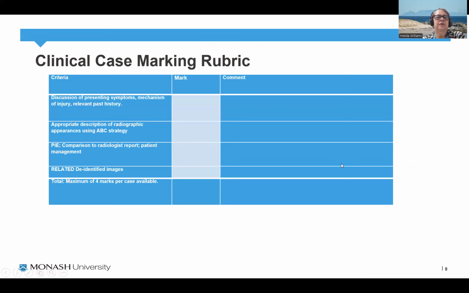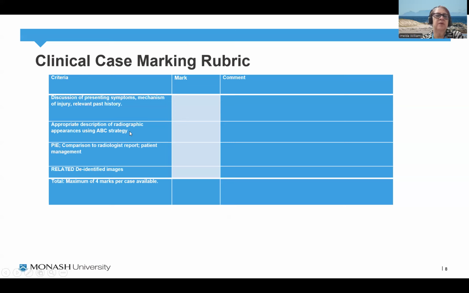The marking rubric for the clinical cases is seen here. The criteria are that you should have the history with presenting symptoms or mechanism of injury. The second thing you need to think about, because we encourage you to use a systematic approach, is to use the ABC search strategy. However, for each case, only use the ABC that's applicable to the case.